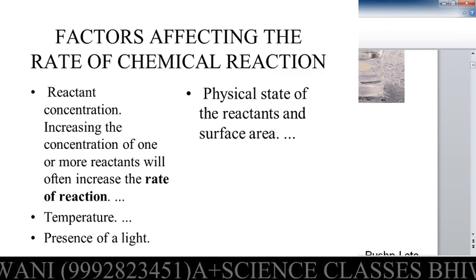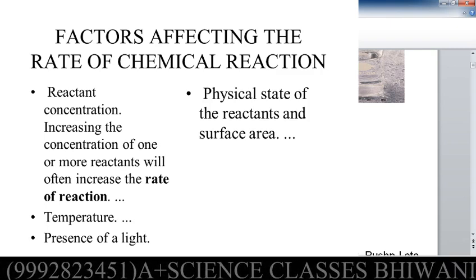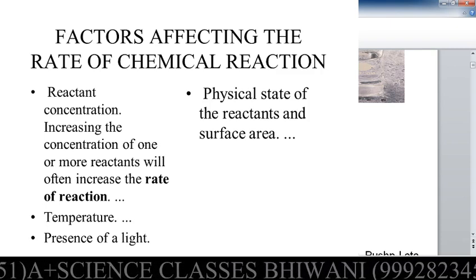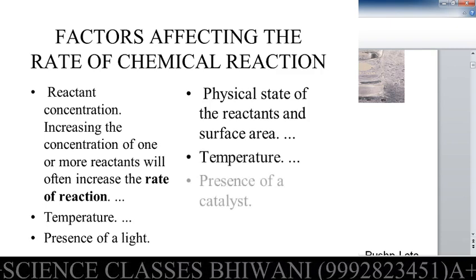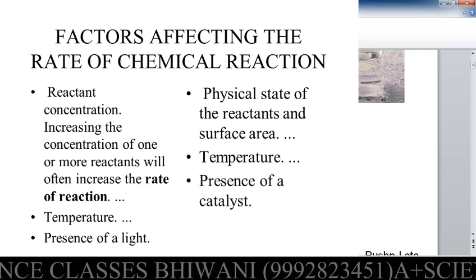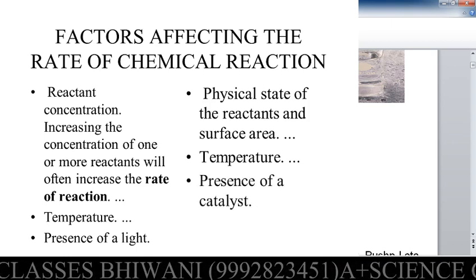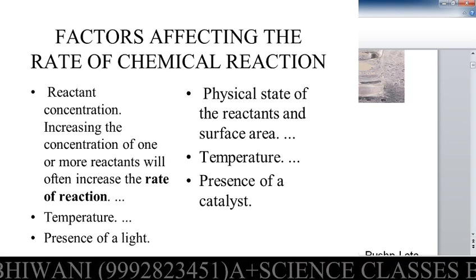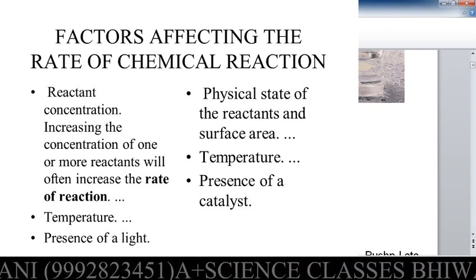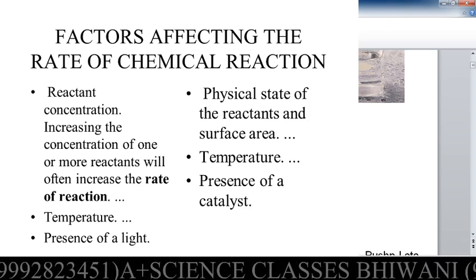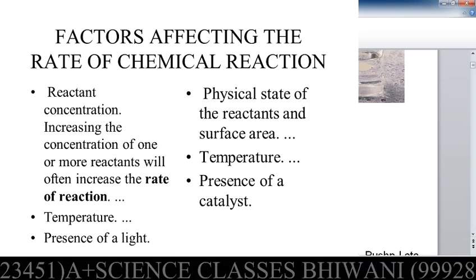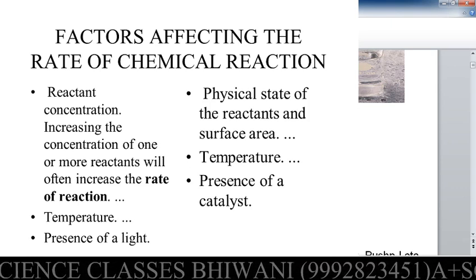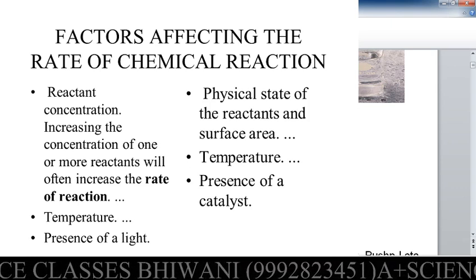So we can say that reactant concentration, temperature, presence of light, physical state and surface area can affect the rate of reaction, and along with all these is the presence of a catalyst. Catalyst is also another kind of factor. A catalyst is a chemical substance which generally enhances the rate of reaction. No doubt we have negative catalysts which can decrease the rate of reaction, but the general concept is that a catalyst always enhances the rate of reaction.